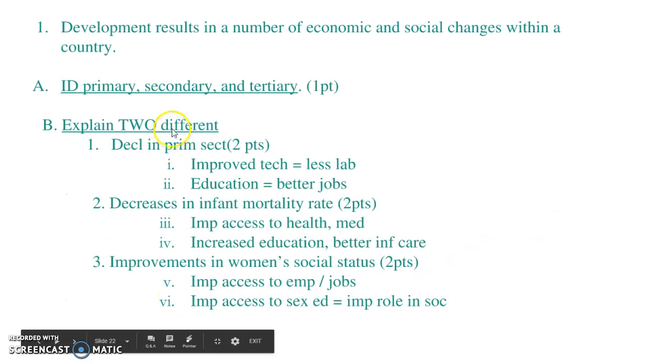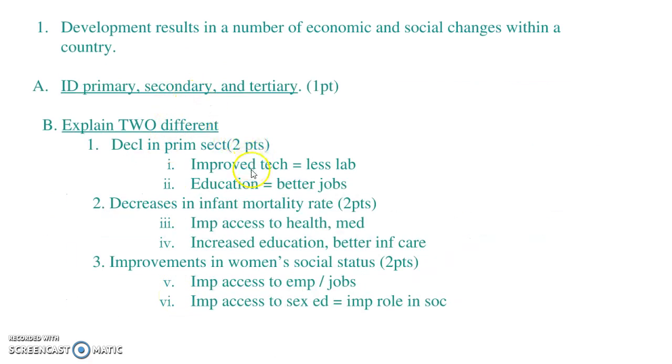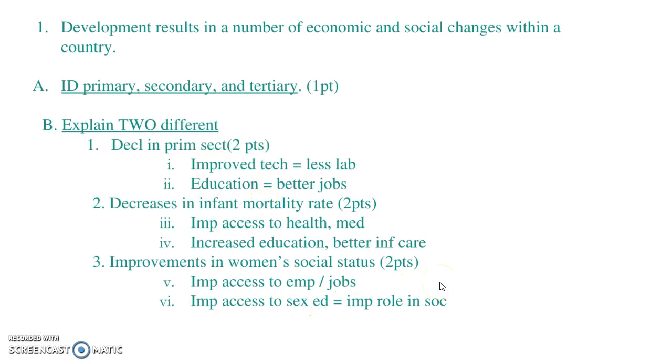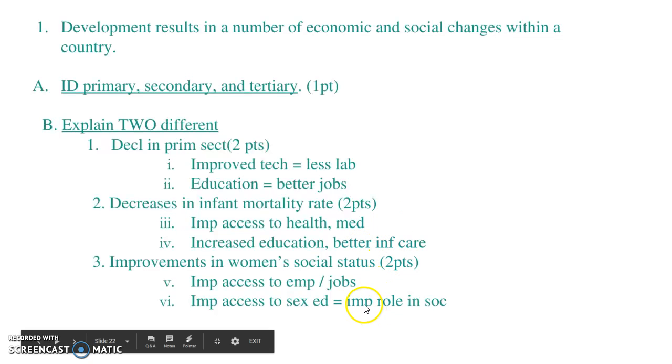So here is what an outline could look like if I were to write it out here. I'm not going to read everything off for you guys. INF is infant care. IMP is important. EMP is empower, but you guys can get the points here.